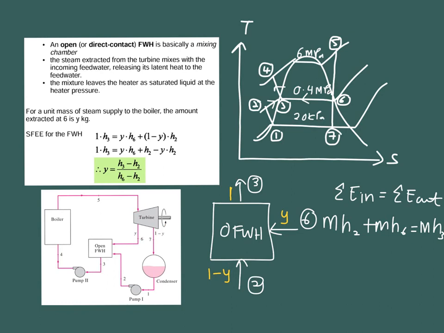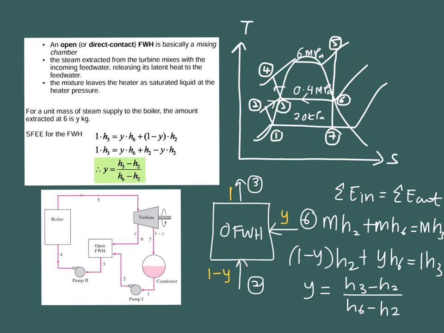Okay, so at the outlet of your turbine, y fraction goes to this 0.4 megapascal, and the remaining goes into your condenser here. When you rearrange this equation with respect to this mass, we wanted to know what the fraction y actually is, right?